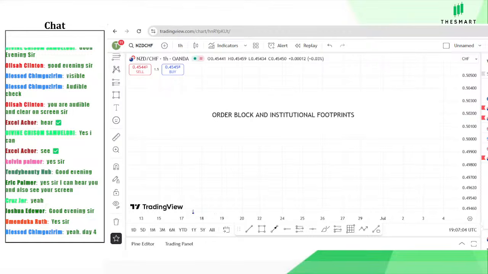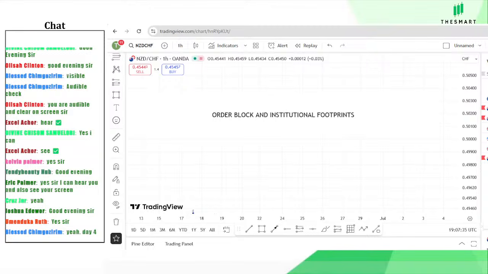I think this class may be sectioned into 2 parts because we need to take our time to do a lot of examples and study these order blocks. In tonight's class, we'll look at what an order block is and the criteria for having a valid order block.